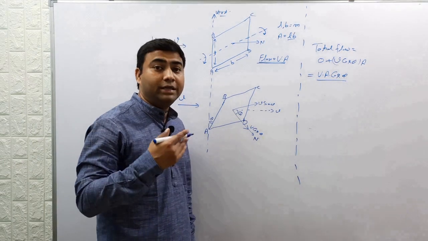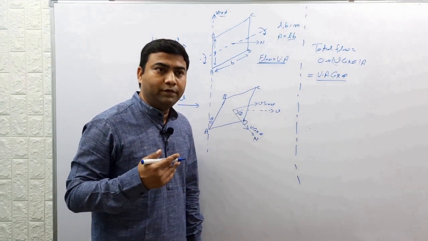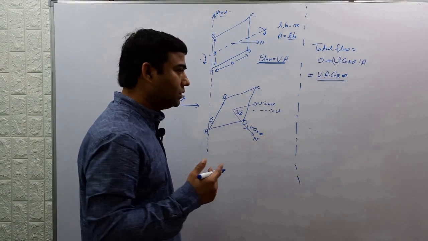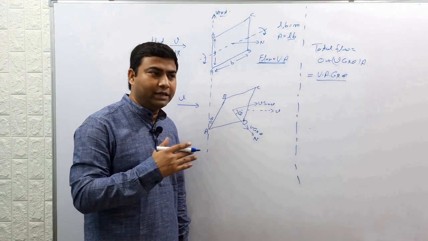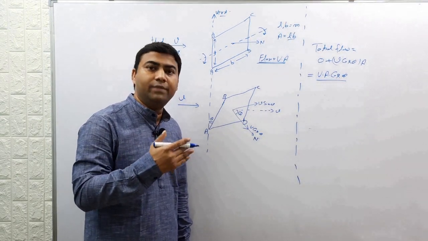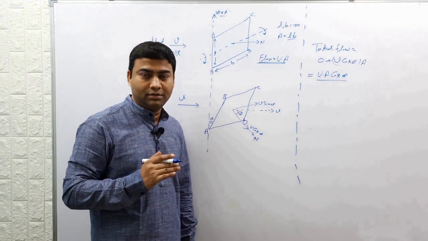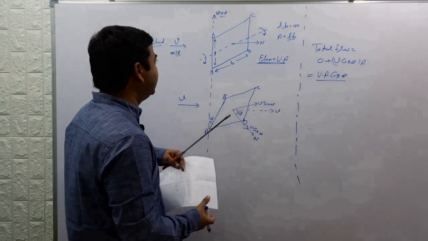The second method is the shaded area concept. Flux can also be found by the shaded area method. So how do we define shaded area? As its name indicates, it is the area of shade.